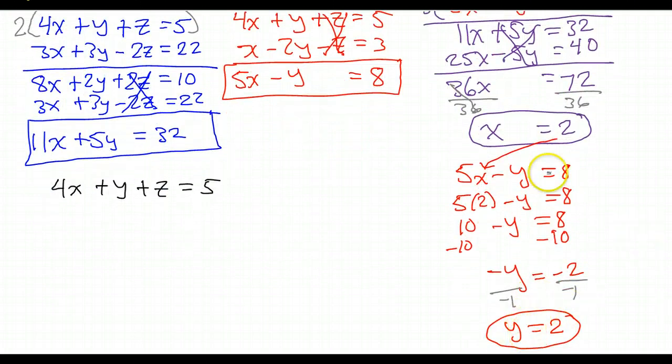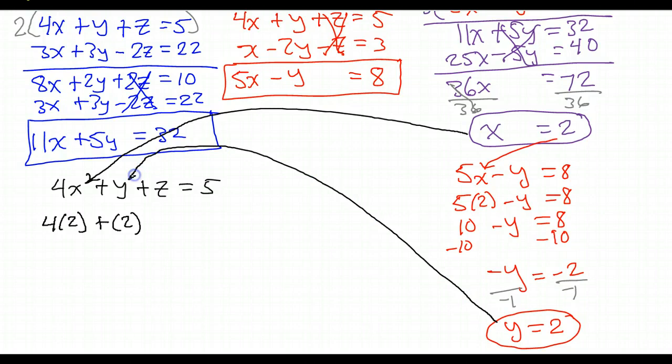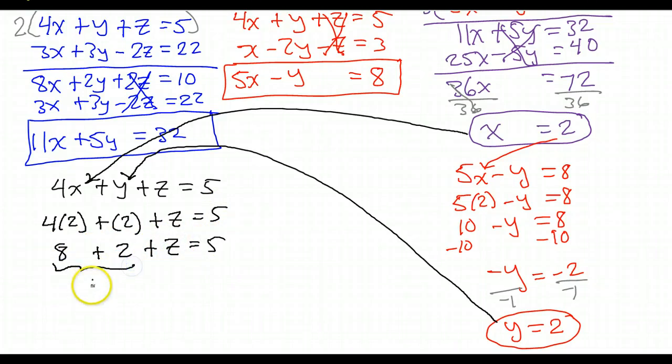Only now we know y and we know x. If I substitute both of those values in, what I have is 4 times 2, because that's my x, and then plus 2, because that's my y, and then plus z is equal to 5. So that's 8 plus 2 plus z is equal to 5. That's 10 plus z is equal to 5.